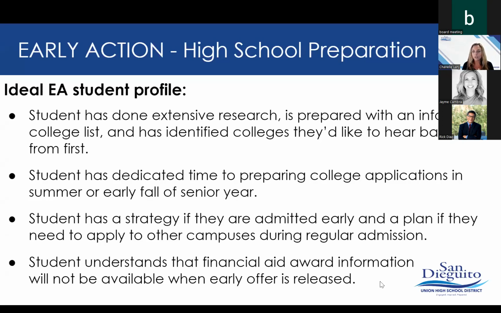But some of that information, universities just won't have it. So students who are opting to apply early are also applying early, knowing that they will be getting those decisions back without that financial aid award information being considered at that time. Next.